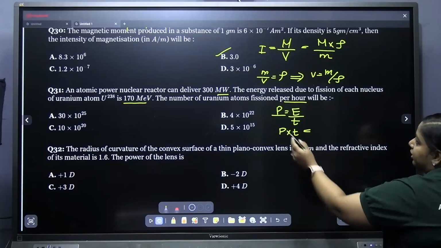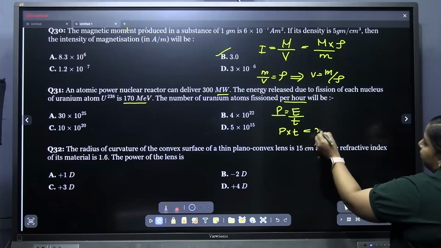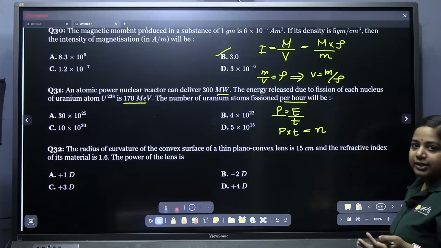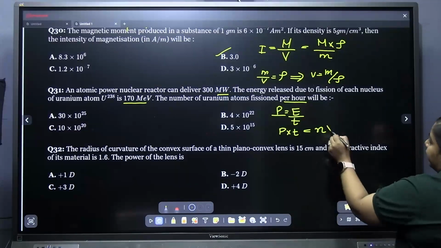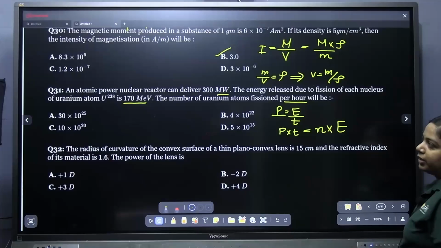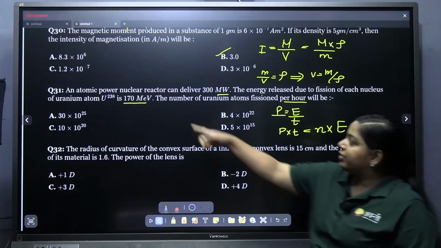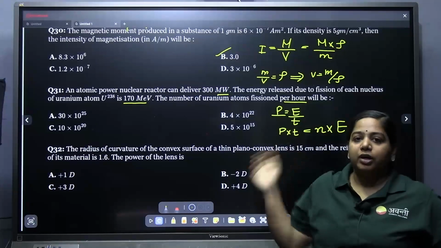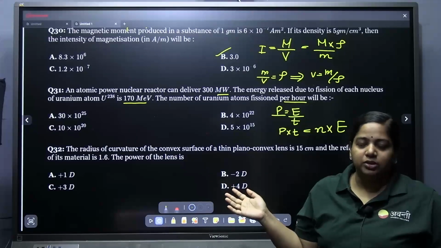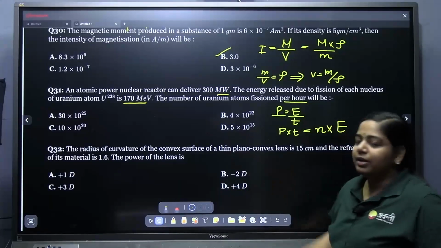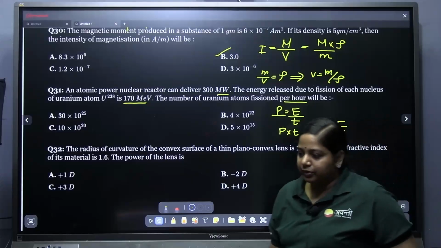Power is already given. Then energy will be the number of nuclei which are fissioning into energy due to one nucleus. It is given in electron volt, so you have to convert it to joules, because it is not an SI unit.